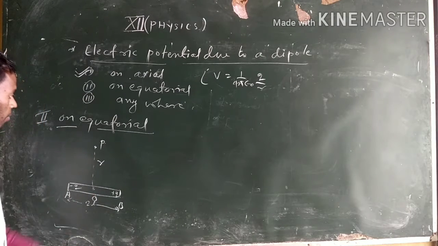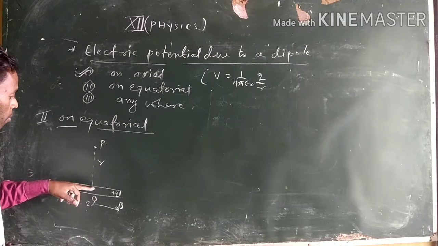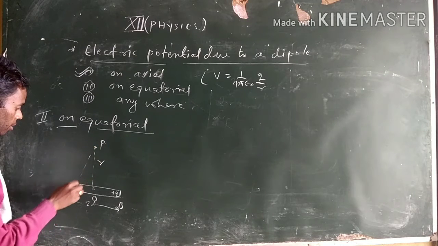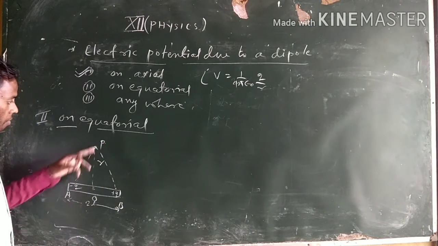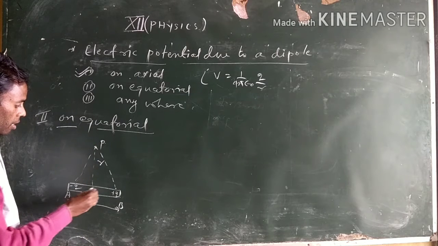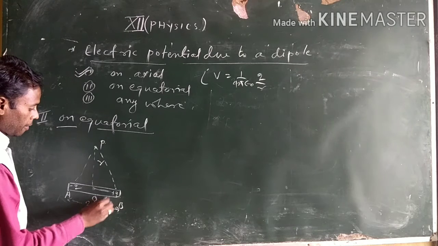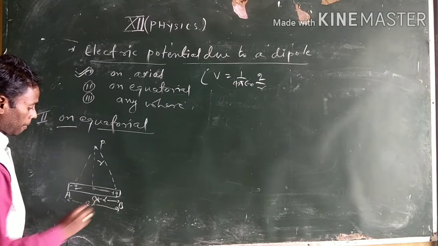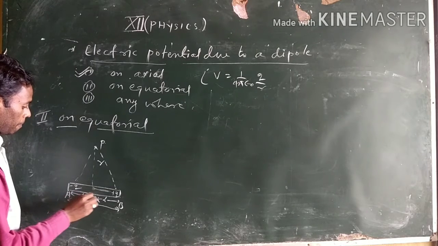We wish to find the potential at point P. This point P lies on the perpendicular, equatorial, that is perpendicular on this dipole. That's it. This one, our distance PB, here is our L, okay. L is there. This one also L, okay. L.